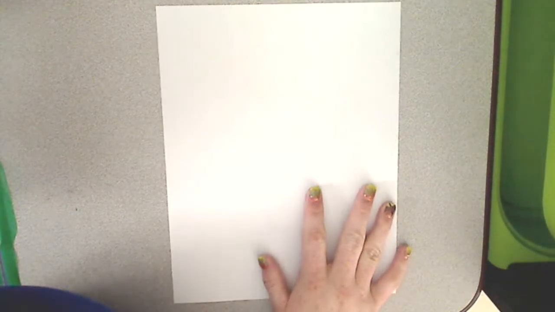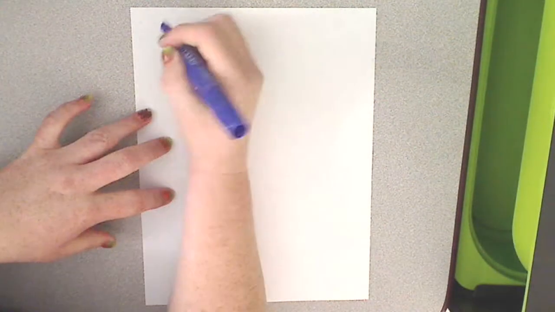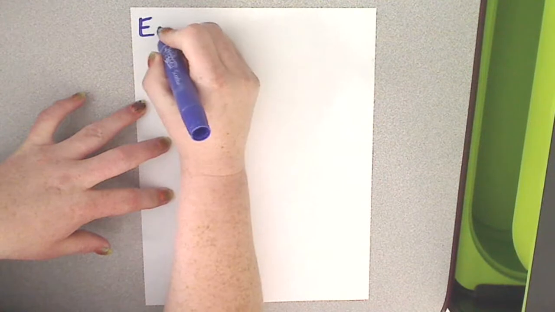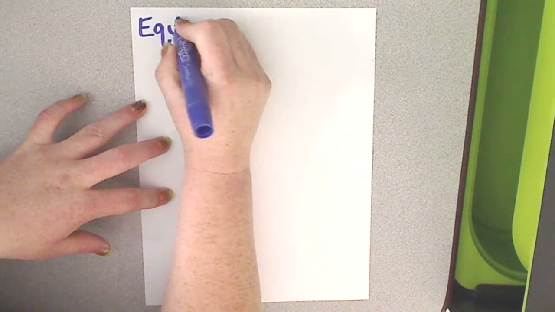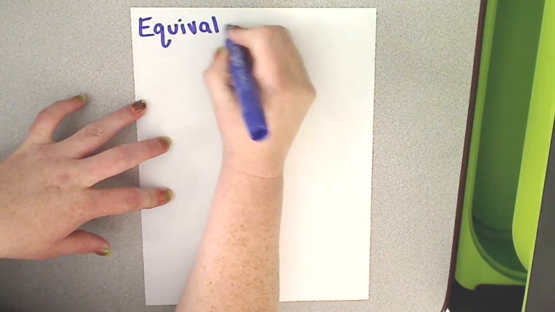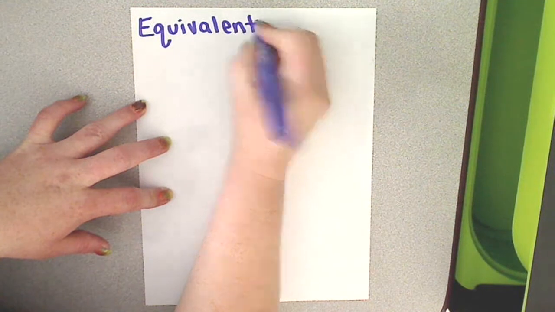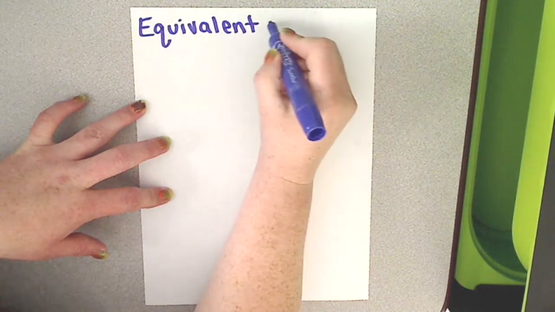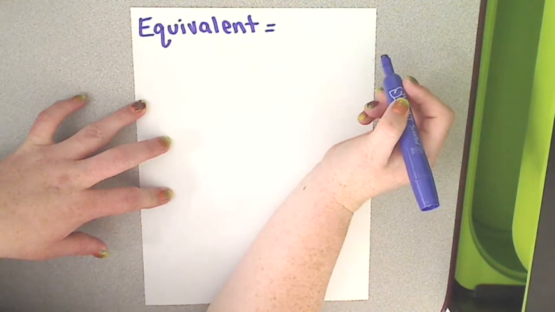Now, when creating equivalent fractions, you need to understand a couple pieces of vocabulary before you can truly master this. So we need to talk about the word equivalent. Equivalent simply means equal.